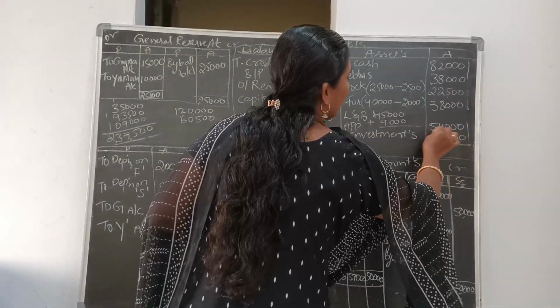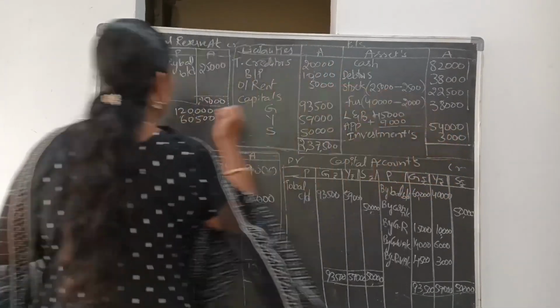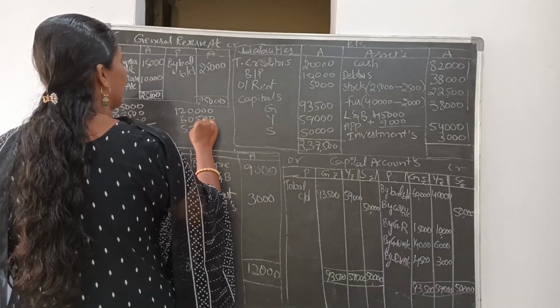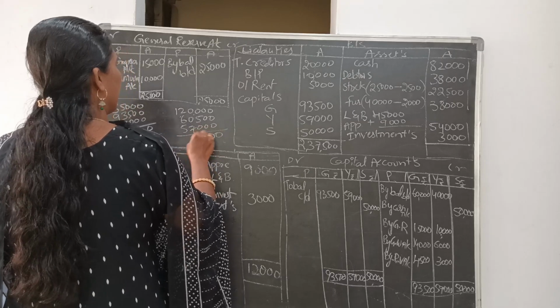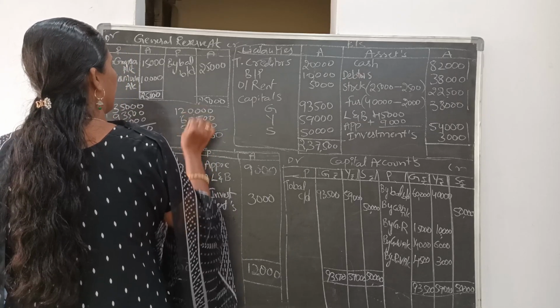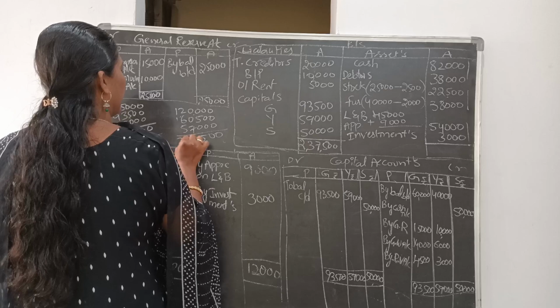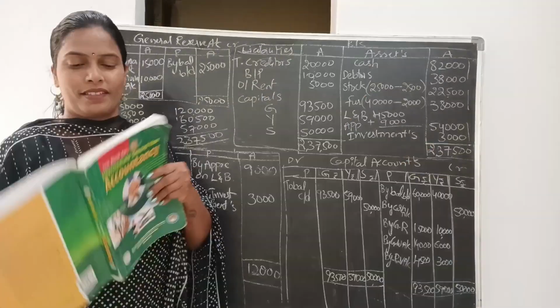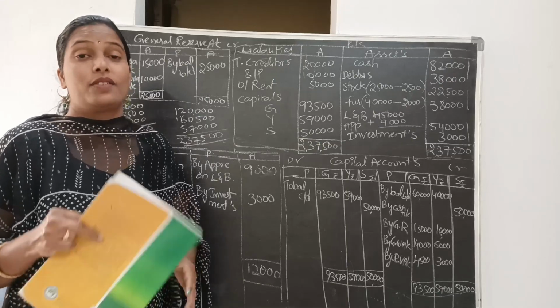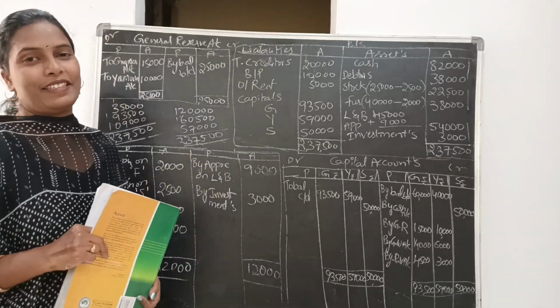Now these two, 57,000. So the total is 2,37,500. So this is the solution for the eighth problem.